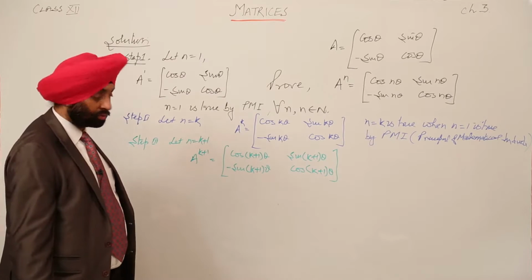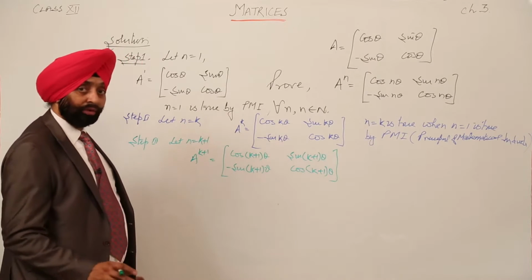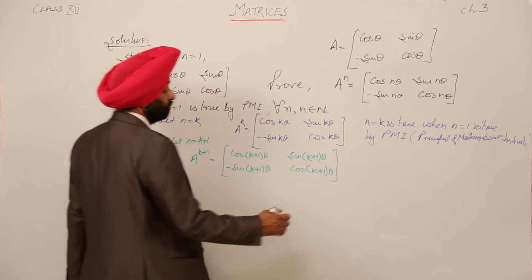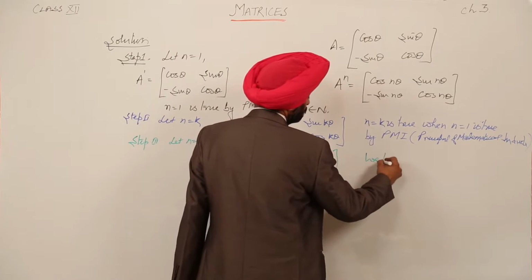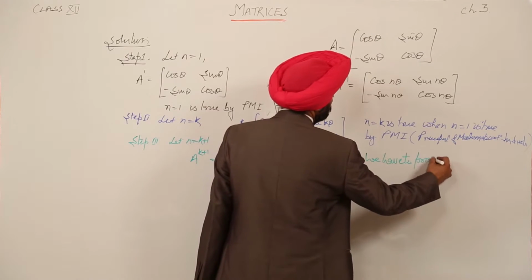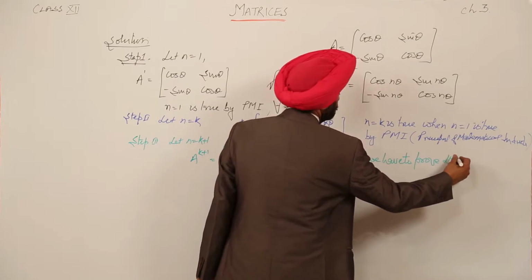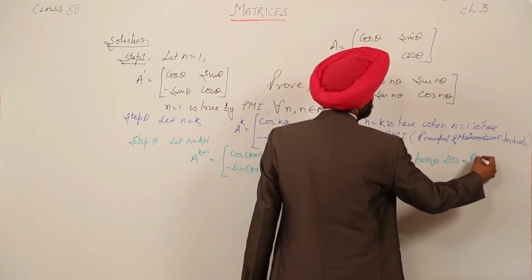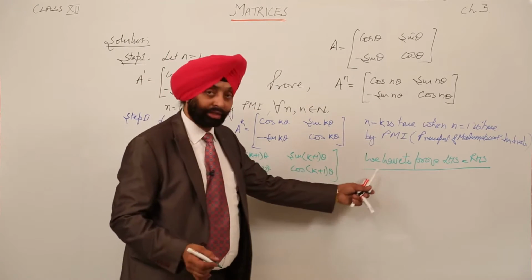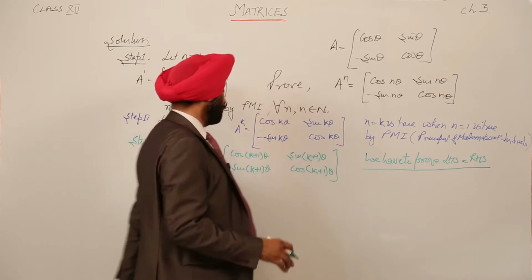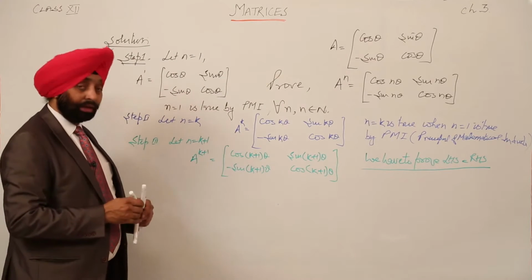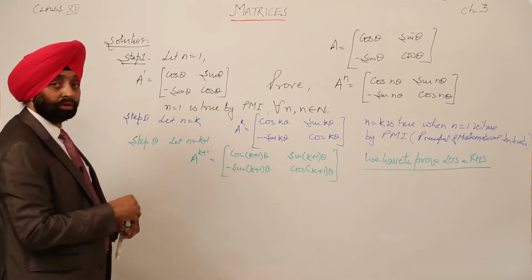Now we have to prove that left hand side is equal to right hand side. I am just writing this for explaining you, you need not write this. Okay. So we have to prove this part is equal to this part. Left hand side is equal to right hand side.